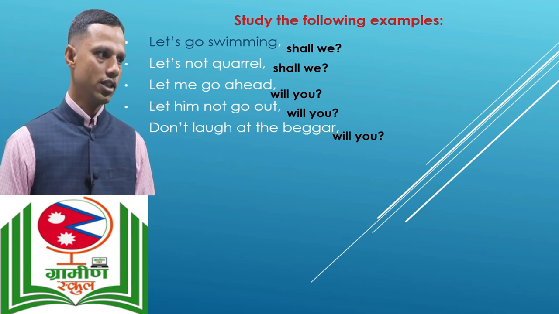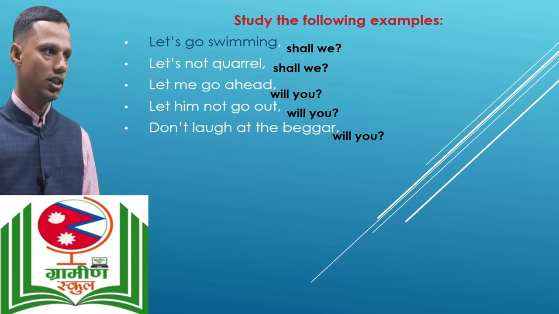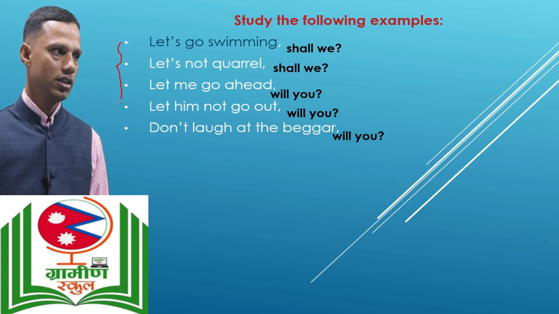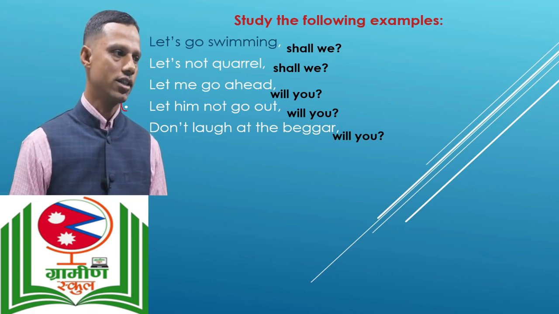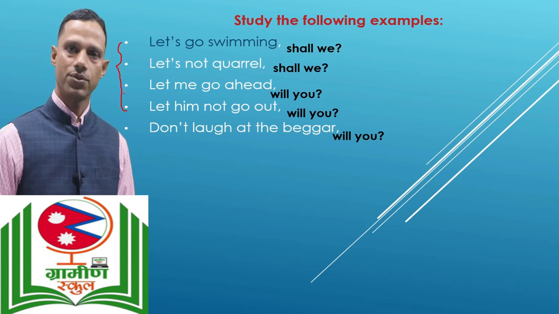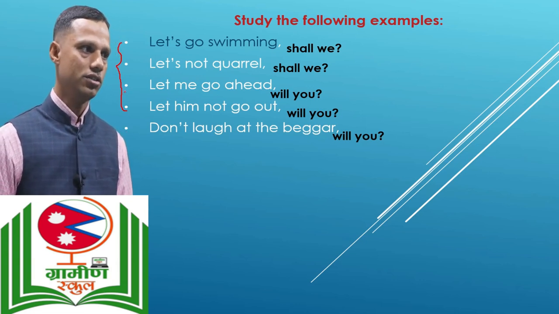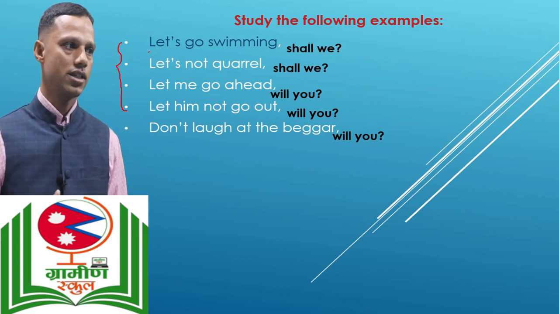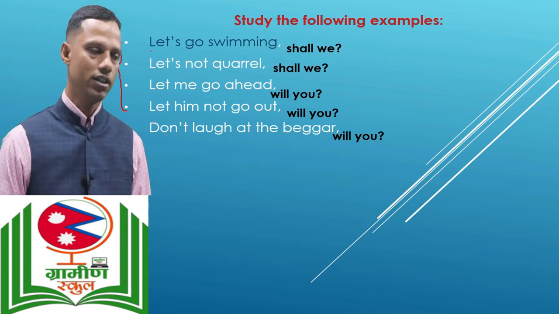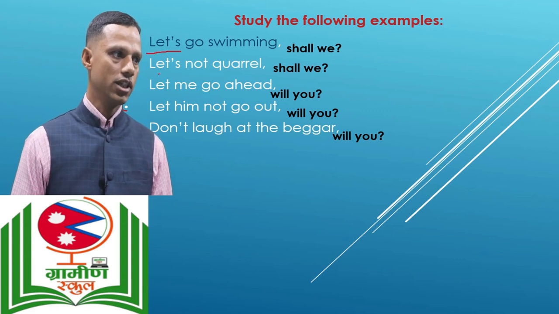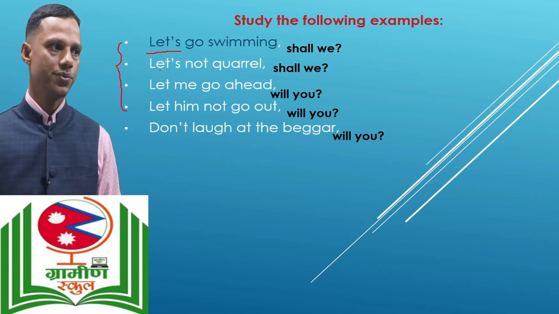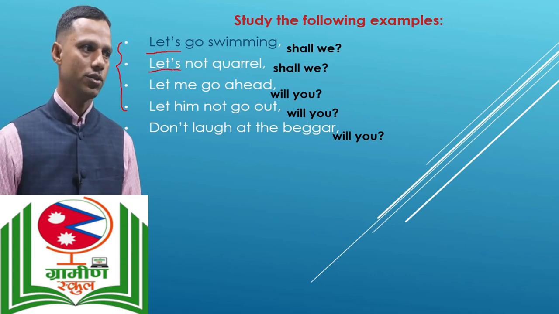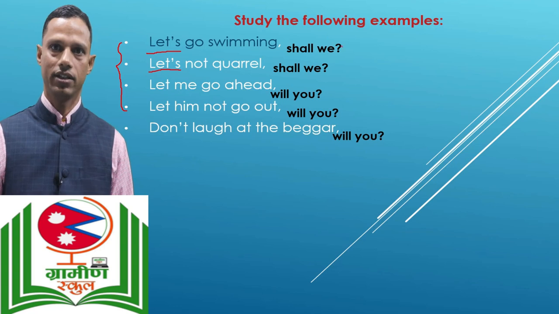Almost all the sentences, except the last one, begin with the word let's or let, right? You can see the first sentence begins with let's. Let's go swimming. How can we make the question tag of this sentence? Shall we? Now you might have noticed when the sentence begins with let's, then we can make the question tag as shall we.